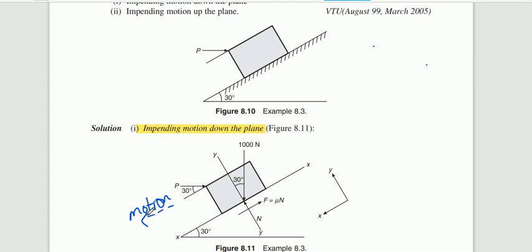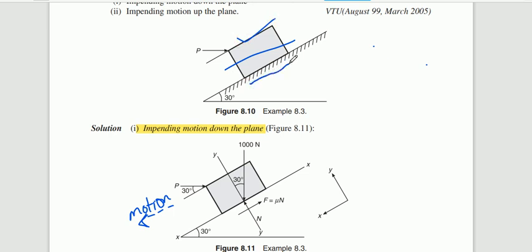The direction of motion is here, which means the friction is always acting opposite to the direction. And try to use some minimum common sense. If the block is resting on the plane, we cannot expect the friction at the top. Friction acts where there is a contact area.